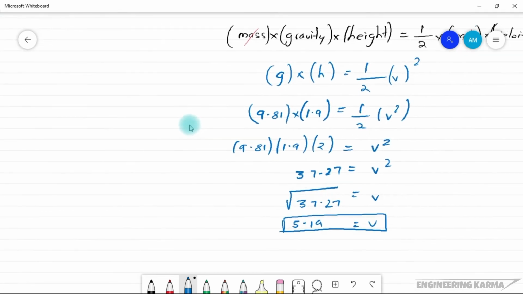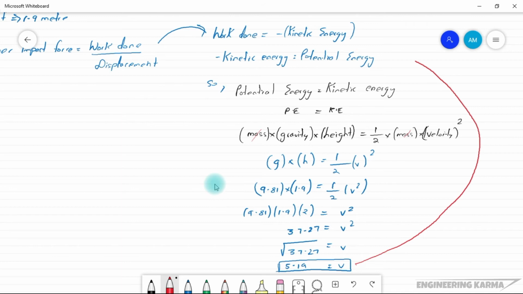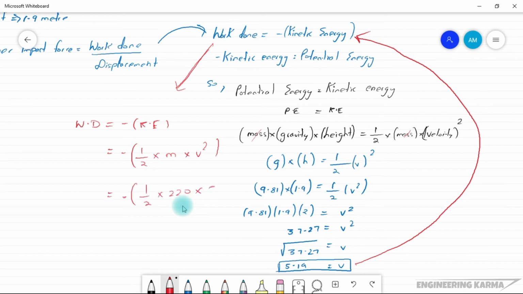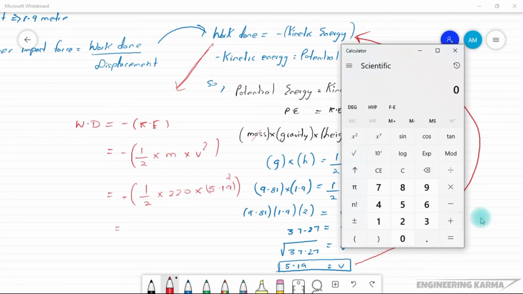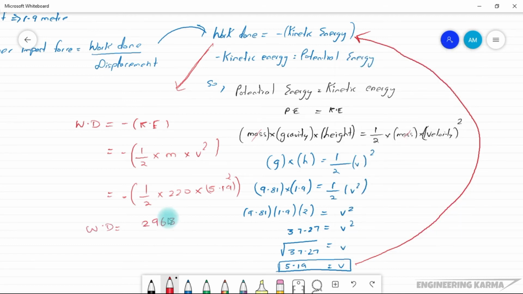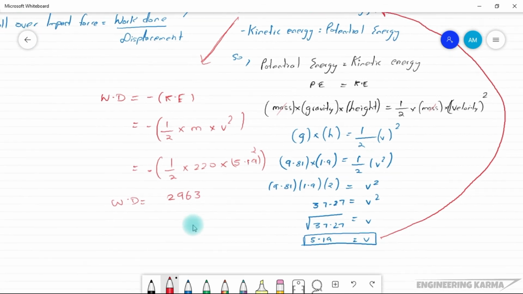Now, we can find the kinetic energy using the found velocity. We got the value for work done.